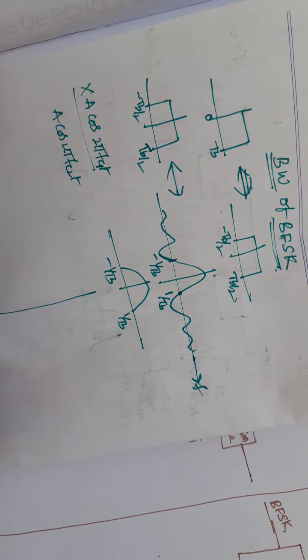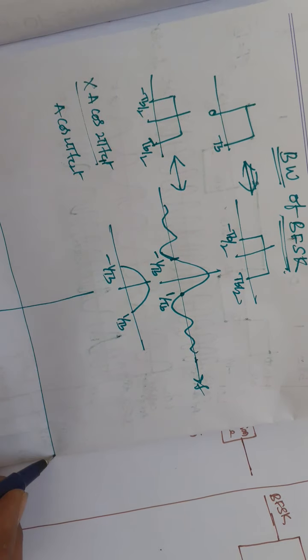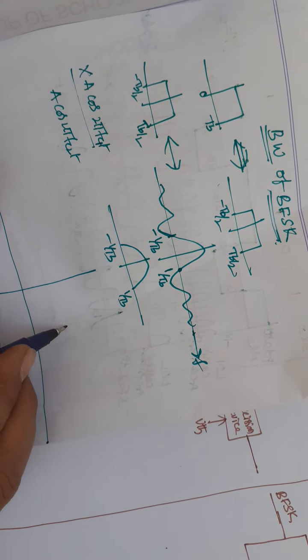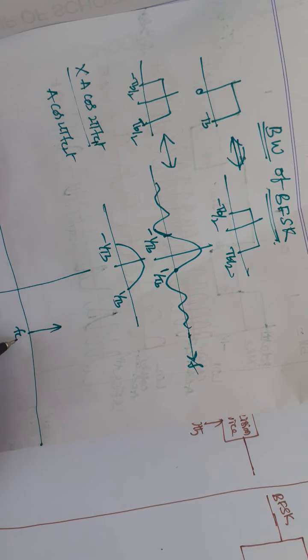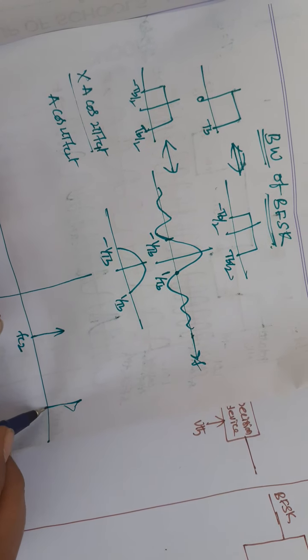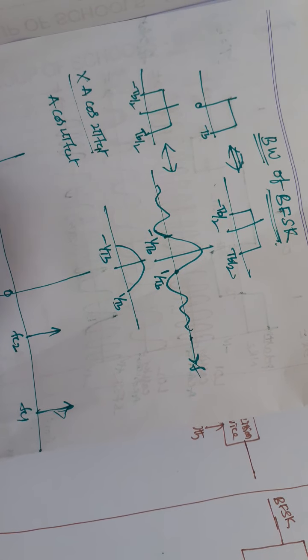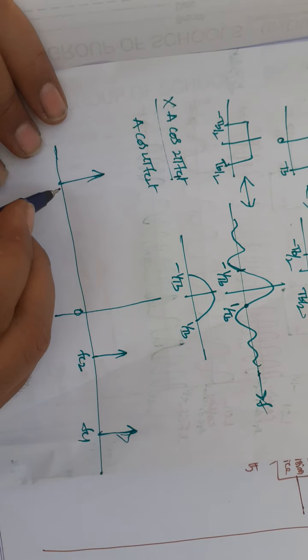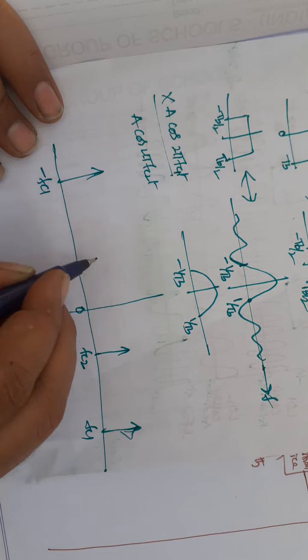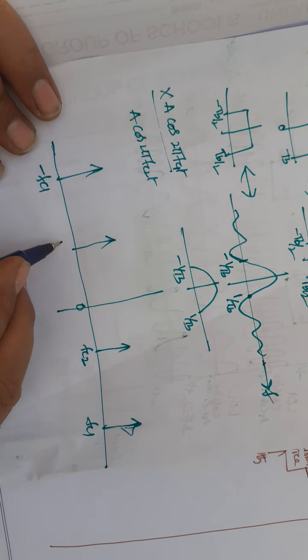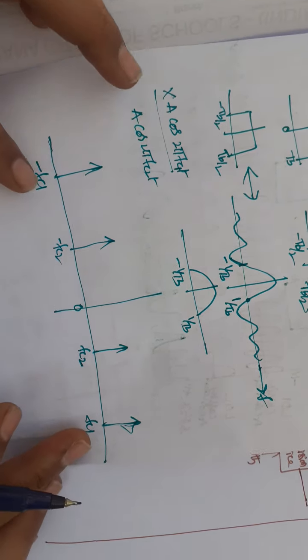So here this is FC2 and this is FC1. Similarly, on the negative side, this is minus Fc1, here this is minus Fc2, right?